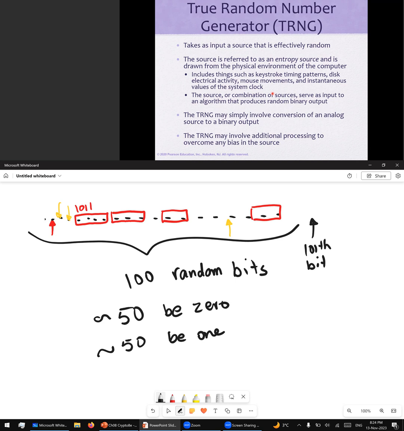However, one of the problems with this, like I mentioned, is not only that the complexity and implementation are hard, but the receiver also has to have the same keystroke timing pattern, the same places where he clicked his mouse, or the same values of the system clock sampled in order to get the exact same output.